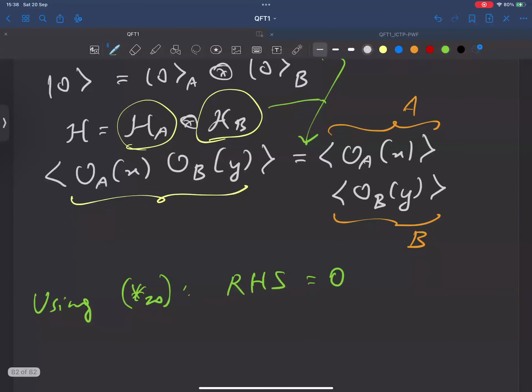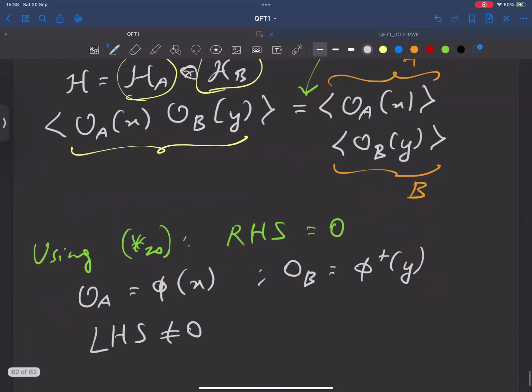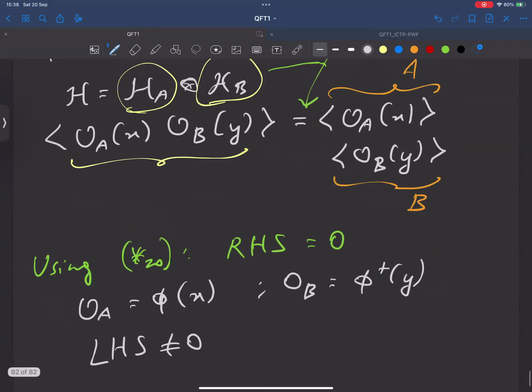But now if we write O_A as phi of x and O_B as phi dagger of y, then we know that this LHS is not 0. So we get a contradiction.